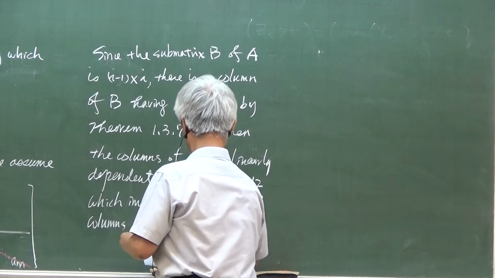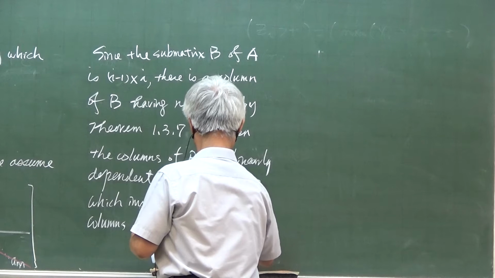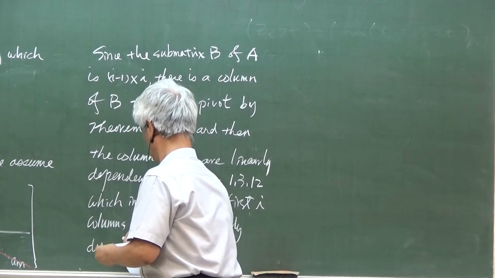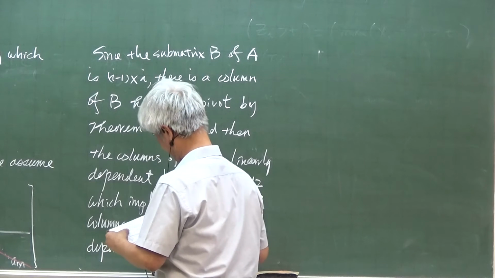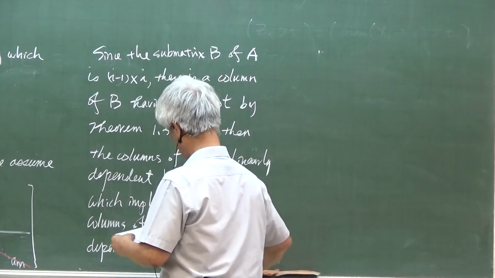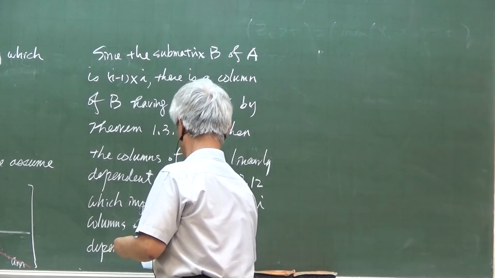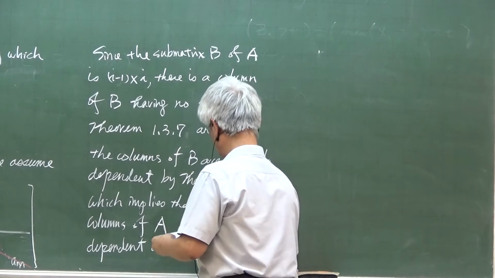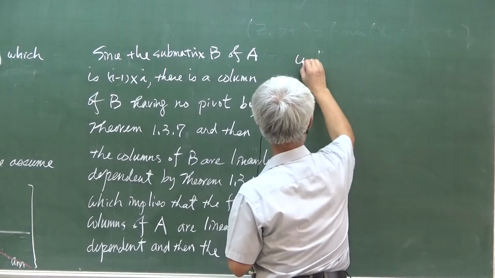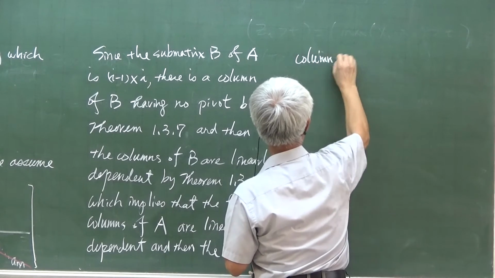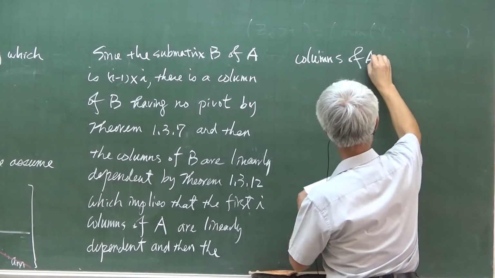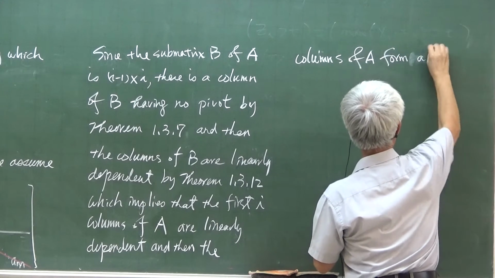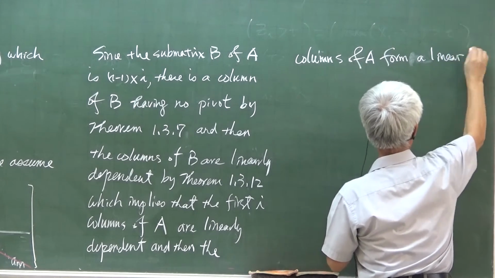So the first i columns of A are linearly dependent too. And then the columns of A form a linearly dependent set.